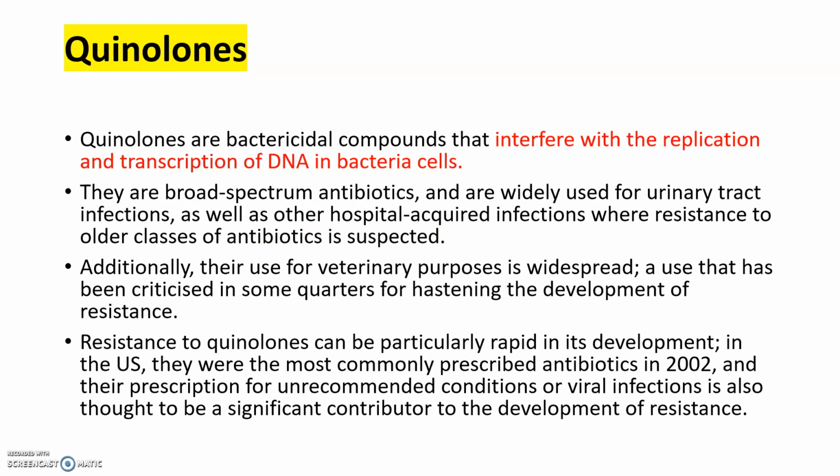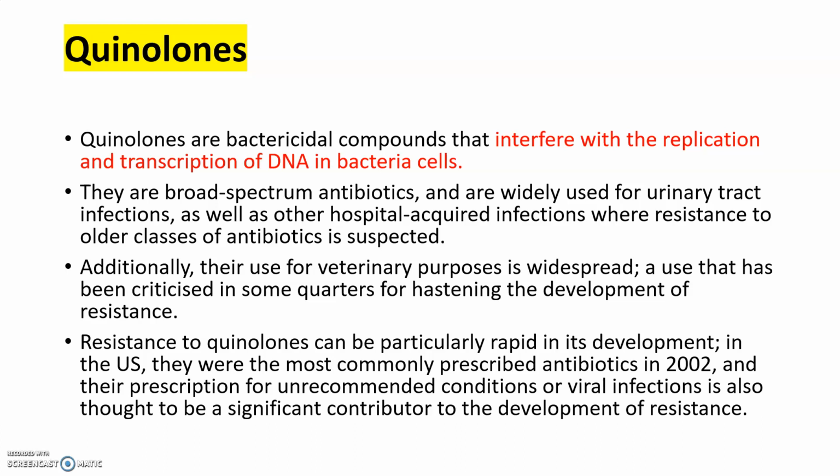Next is quinolones. These are bactericidal compounds which interfere with the replication and transcription of DNA in bacterial cells. They are also broad-spectrum antibiotics widely used in urinary tract infections and other types of hospital-acquired infections where resistance to older classes of antibiotics is suspected.